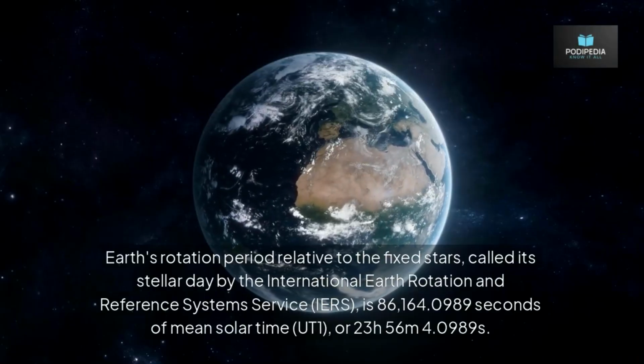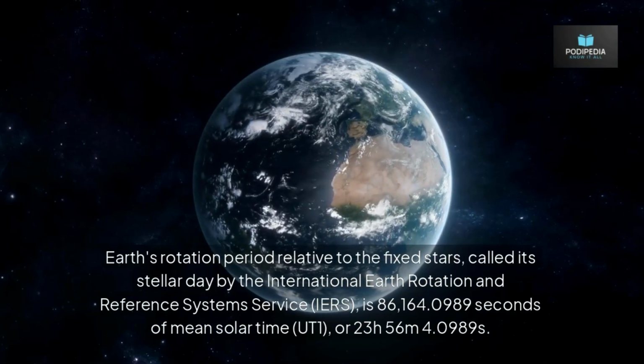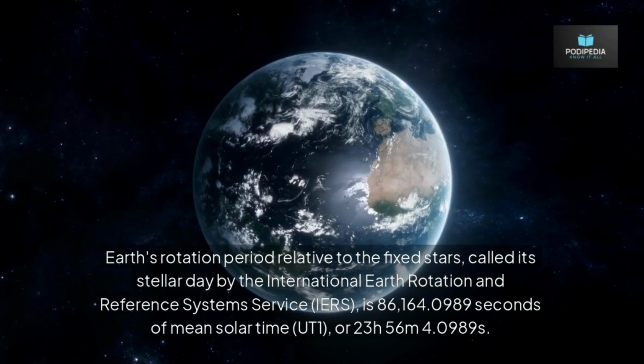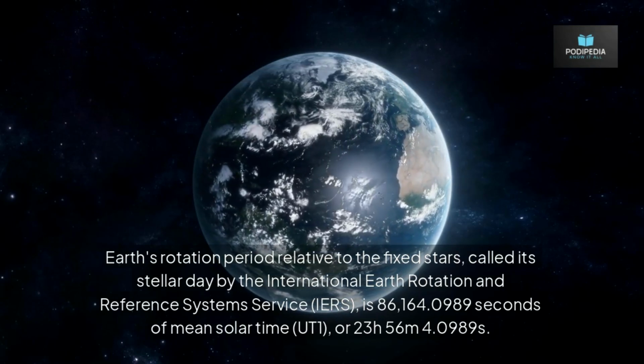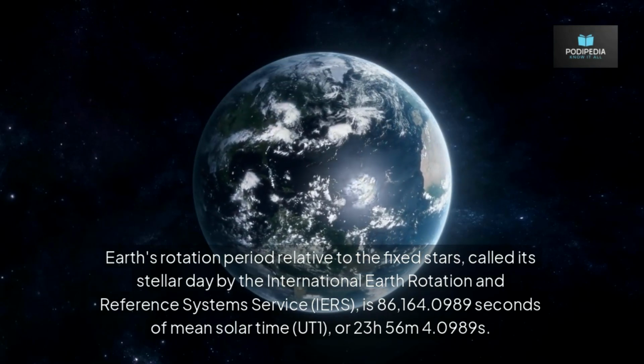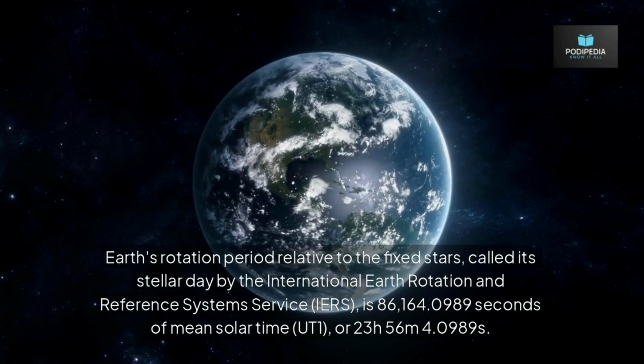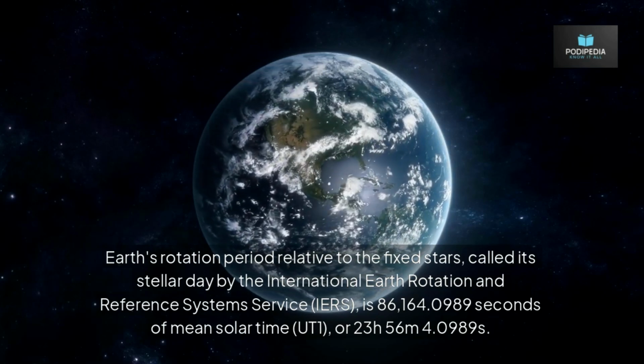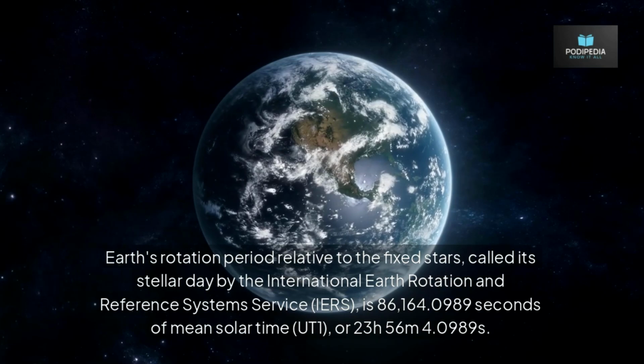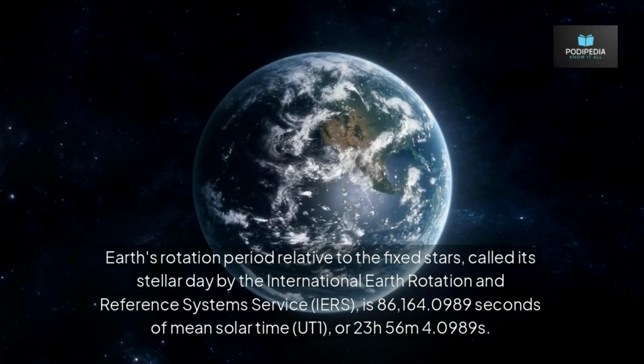Earth's rotation period relative to the fixed stars, called its stellar day by the International Earth Rotation and Reference Systems Service, IERS, is 86,164.0989 seconds of mean solar time, UT1, or 23 hours 56 minutes 4.0989 seconds.